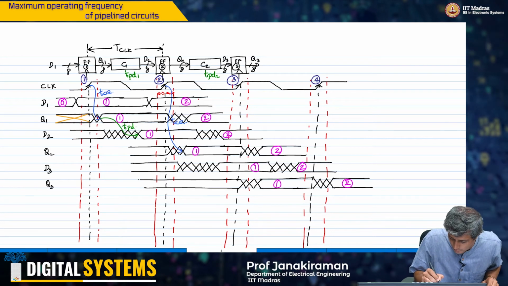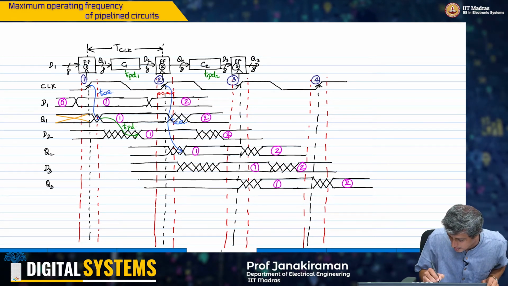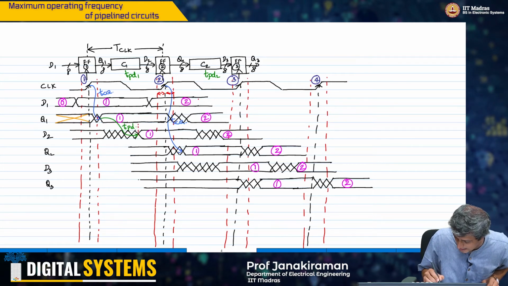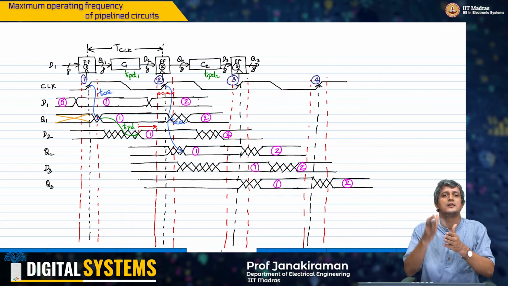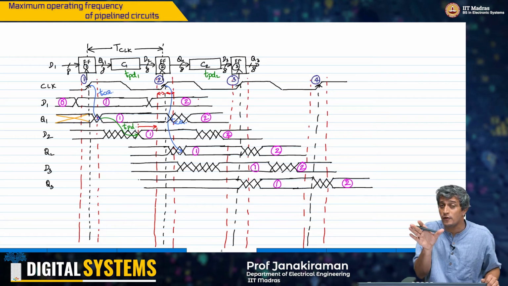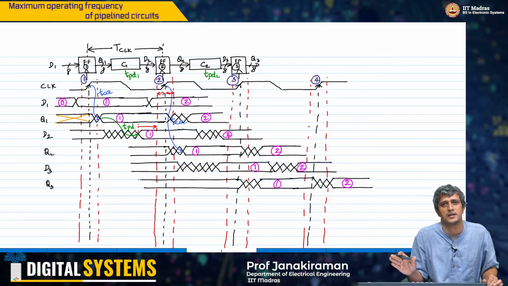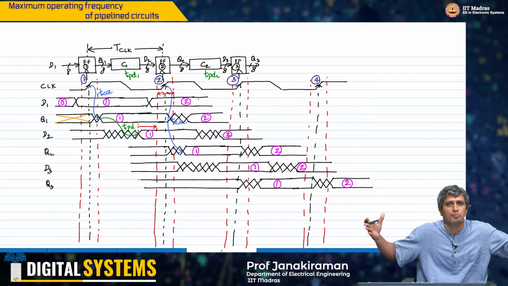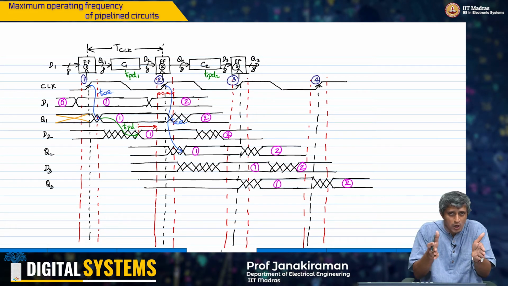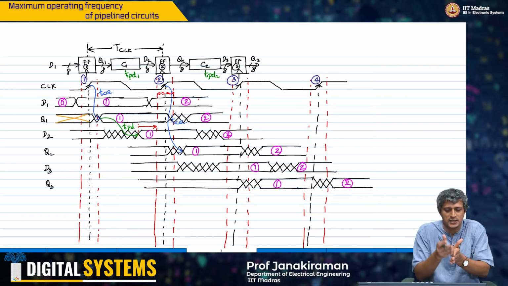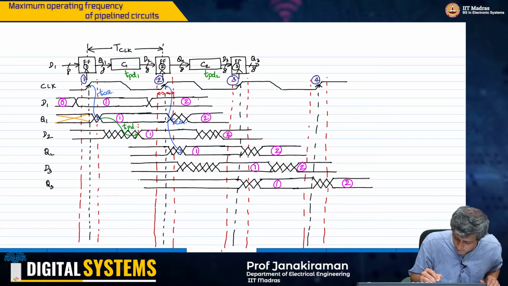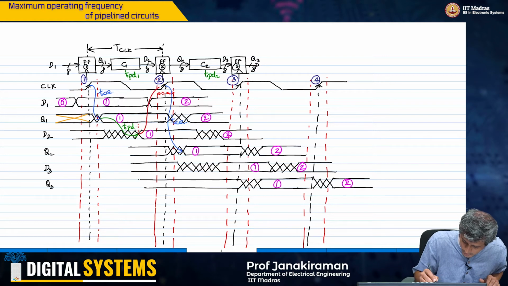Therefore, this edge in red here can move as much as the setup window. If you move any further, you will lose the data because you have violated the setup time of the flop, and therefore you can bring the clock period down to the extent that this propagation delay exactly is equal to the setup time. So therefore, we will just say this has to be T setup.